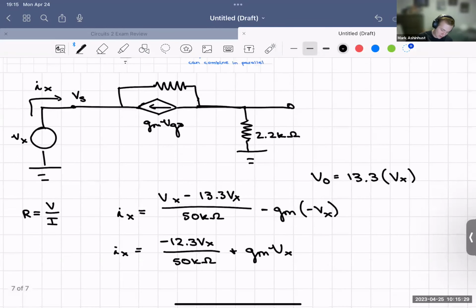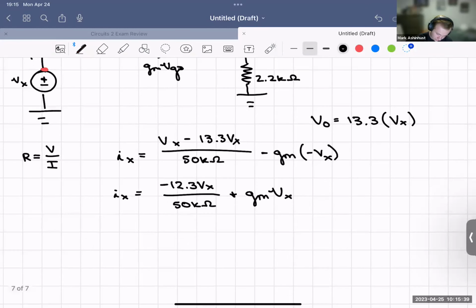We'll see that the voltage that we have here is the same. The voltage at this point is the same at this point. So Ix is equal to Vx times negative 12.3 over 50K plus gm. And we know what gm is, so this is a constant.